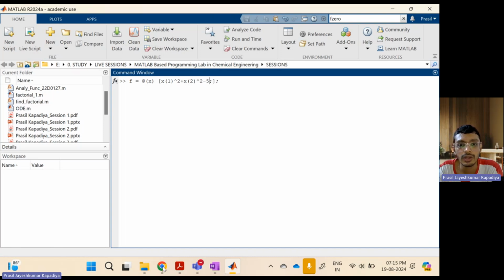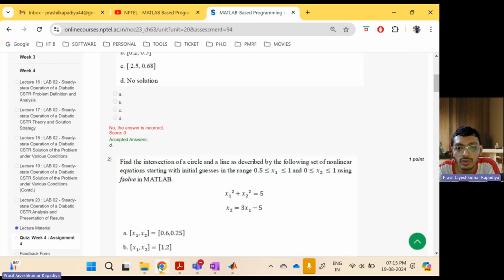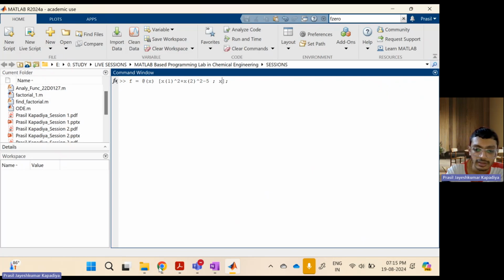I will put one semicolon and I will write down my second equation. x2 minus 3x1 plus 5. x of 2 minus 3 into x of 1 minus 5. This is my equation number 2. So I will press enter. So my equations are stored.